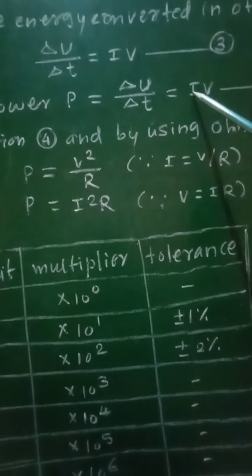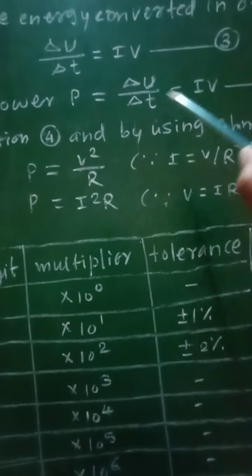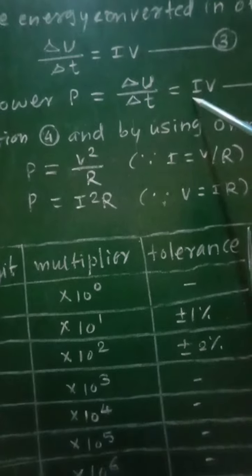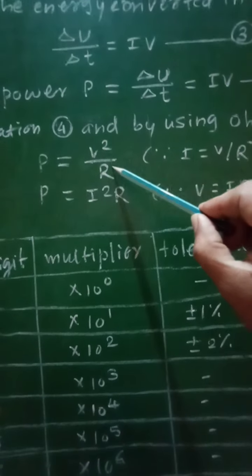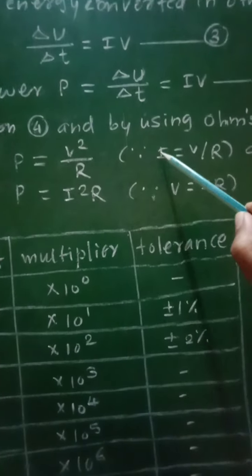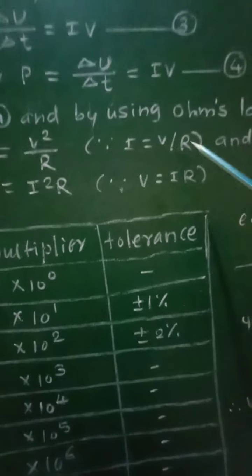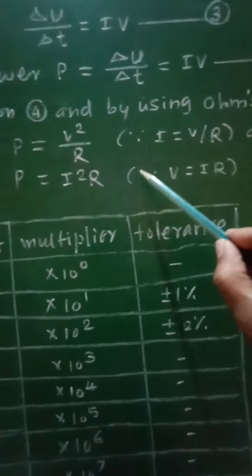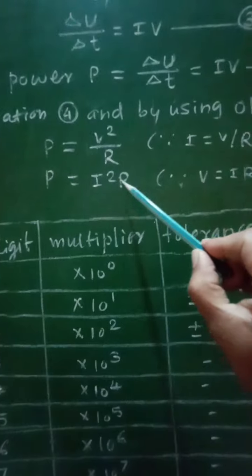In place of I, we can write phi by R, and therefore phi by R into phi gives phi square by R. Similarly, it can also be written as P equal to I square R.